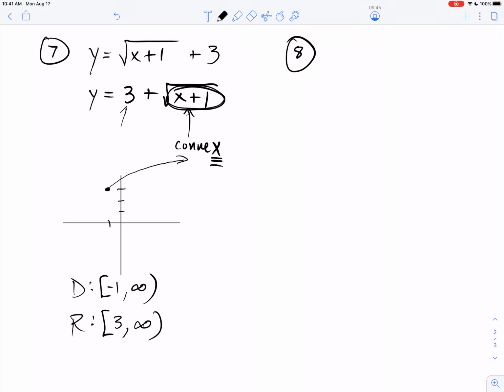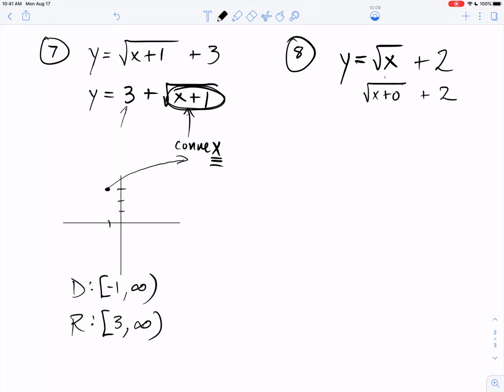So number 8, y equals rad x plus 2. Like I said, I'm making it very obvious. That 2 is not connected to the x. There is no connection with that 2. Therefore, this guy right here could be expressed like this if it made your brain happier.